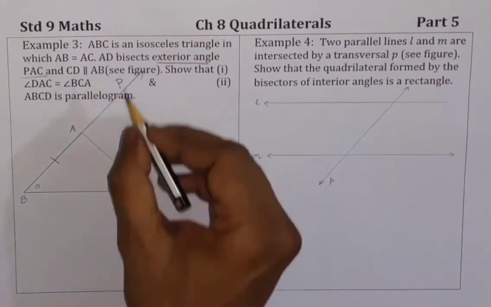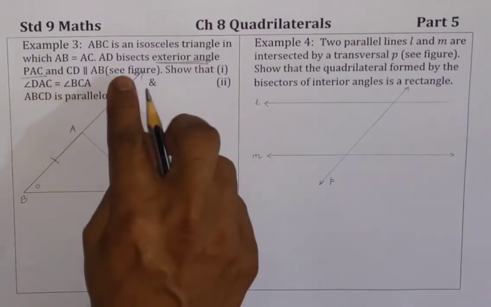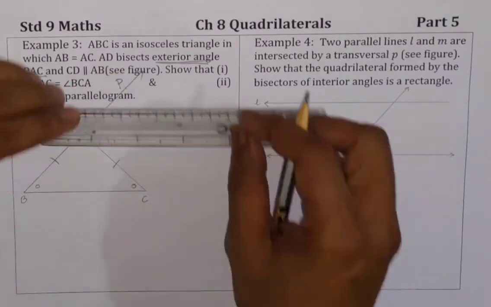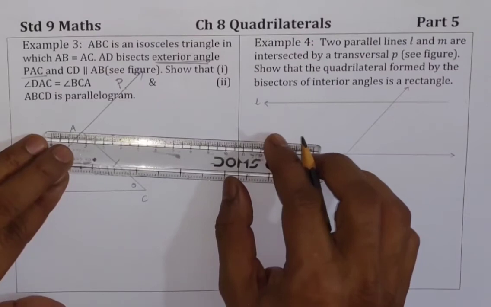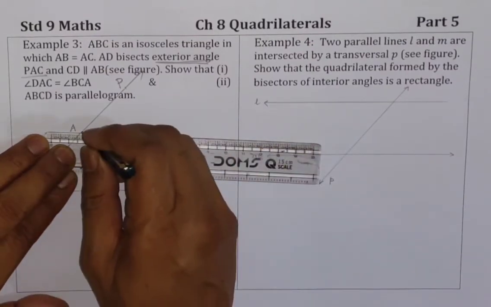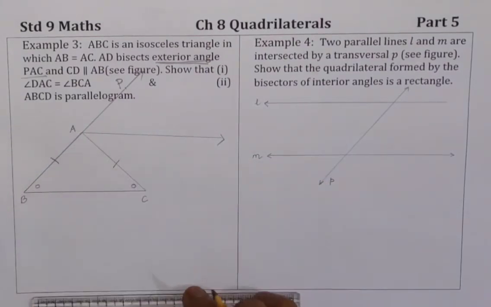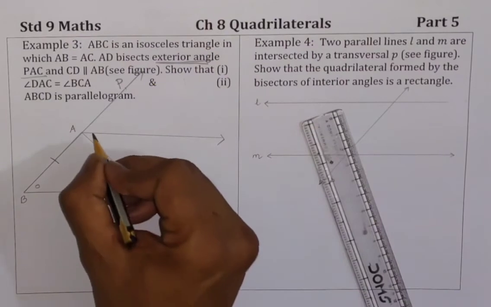Now you got PAC, which is the exterior angle of the triangle, and AD is the bisector of this angle. So exactly from the center I have to take AD. I'm not putting point D just now, okay, but this is the bisector.